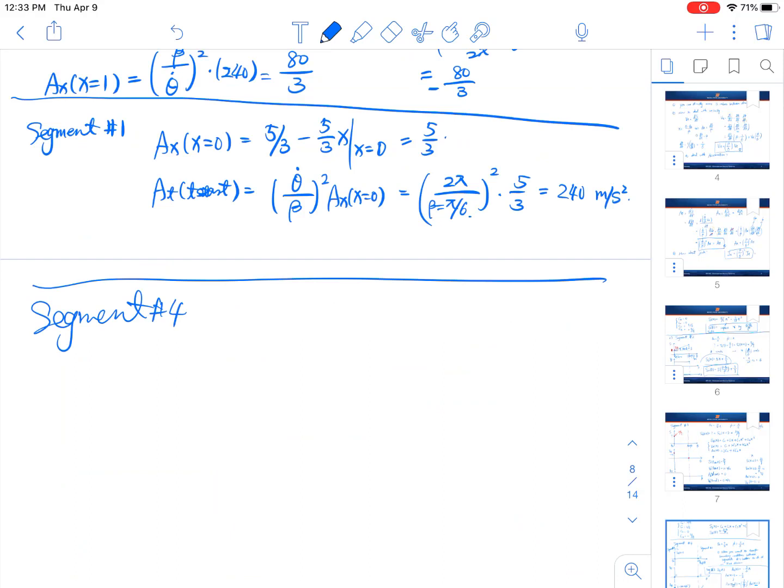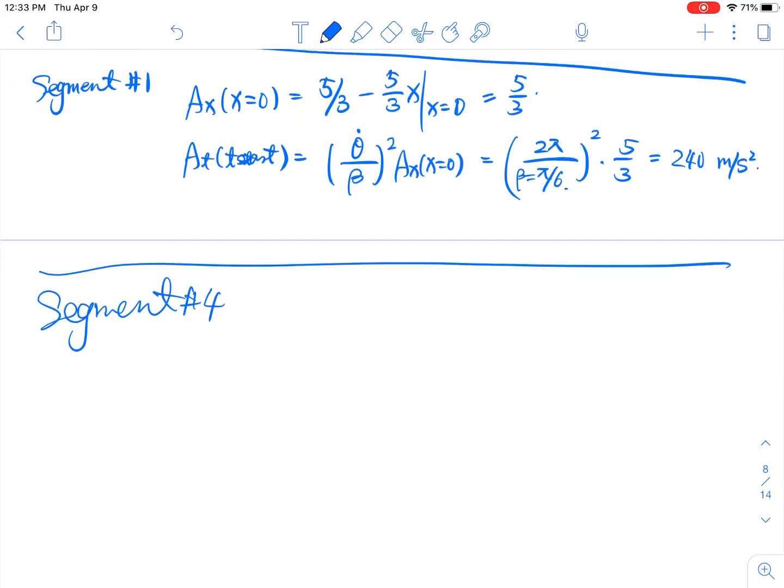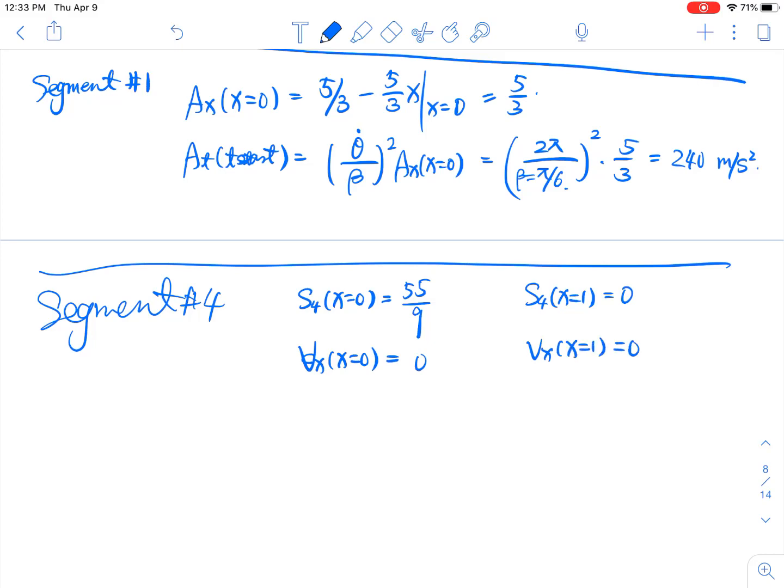Okay, so let's collect all the boundary conditions we already know for segment number 4. S4 at x equal to 0 is 55 over 9. S4 at x equal to 1 is 0. Vx at x equal to 0 is 0. Vx at x equal to 1 is also 0.